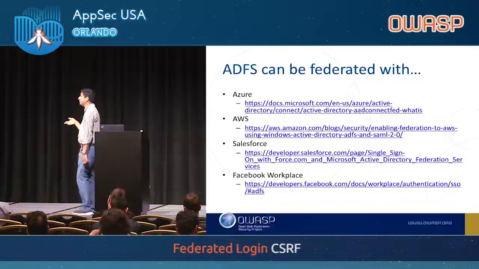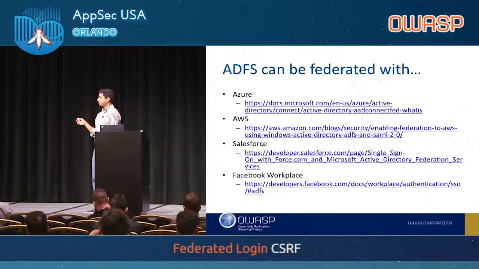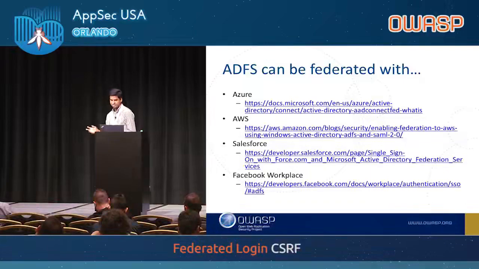However, this does not mean that Azure is vulnerable or AWS is vulnerable. Only if there is a specific application that then tries to connect to an external identity would there be this login CSRF attack. However, ADFS is universally supported, so there will be lots of other business scenarios as well.